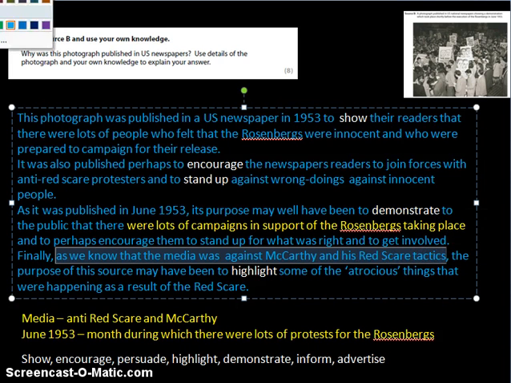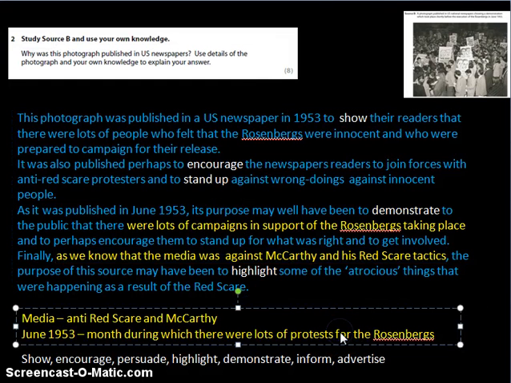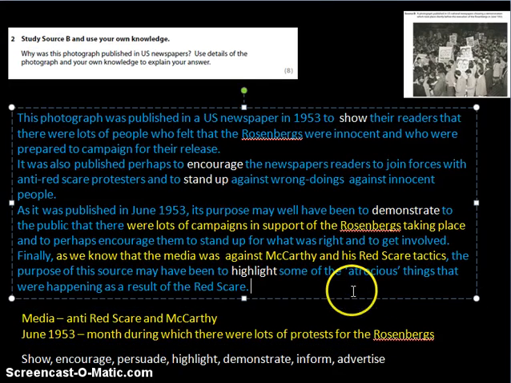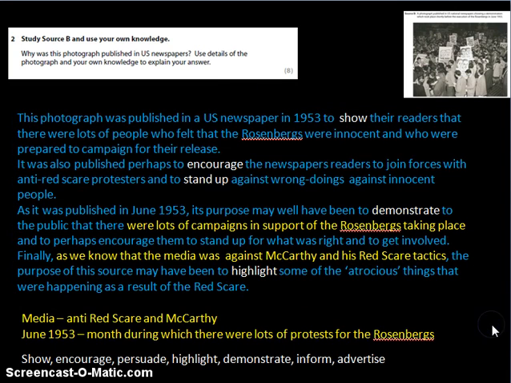That's our own knowledge. And to highlight some of the atrocious things that were happening as a result of the Red Scare. So if you have a look at that, I think that we have explained the purpose of the source using some of the content that we can see within the source and some of our own knowledge, and that perhaps might get somewhere near 8 out of 8 in the exam.